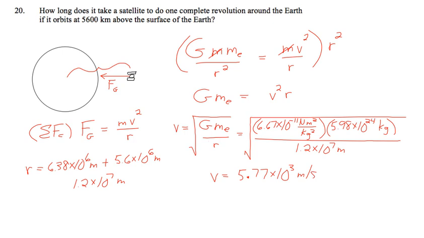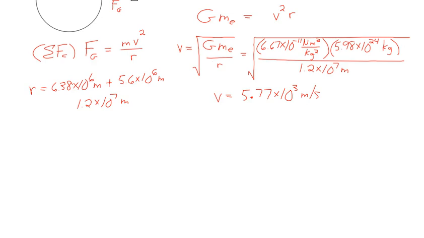And then the question we want is, how long does it take the satellite to do one revolution? So all I have to do is take that number. I want the time, so I'm going to invert it, because I want the unit of time in the numerator, not in the denominator. So I'm going to write 1 second over 5.77 times 10 to the third meters.